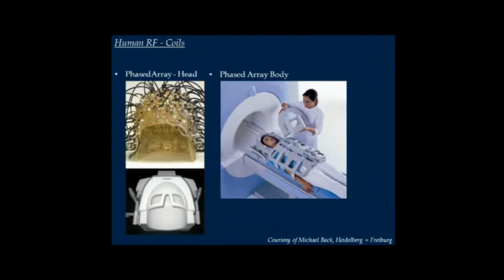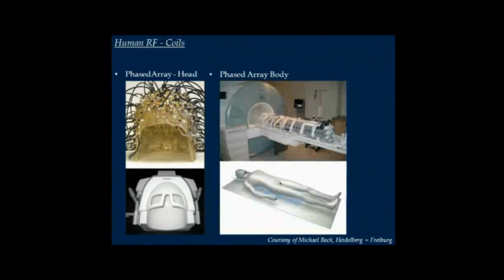So, for example, if you want to do fMRI, you're mainly interested in the surface of the brain. So array coils with 64 elements and more are not seldom. And even in body imaging, plastering the body with array coils has become quite popular.